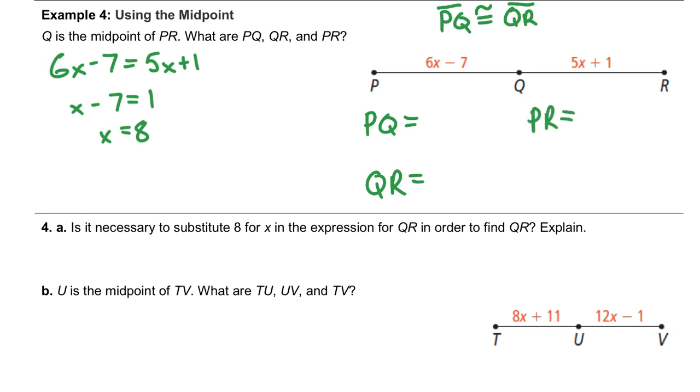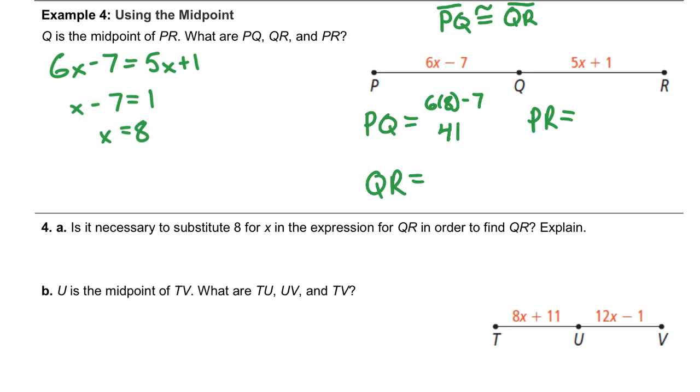I need to substitute into each expression and then find out the entire length of the segment. And I'm going to use some critical thinking to figure out what's what here. So, knowing that x is 8, I can find PQ by taking 6 times 8 minus 7, which is 48 minus 1. PQ is 41.